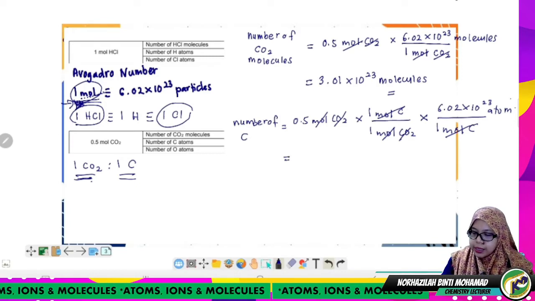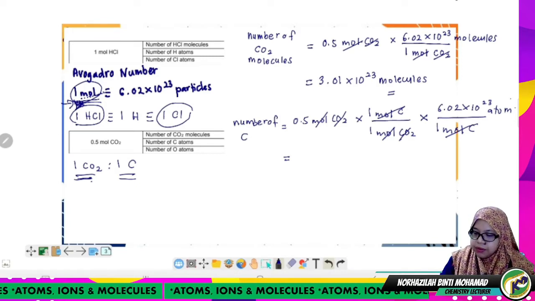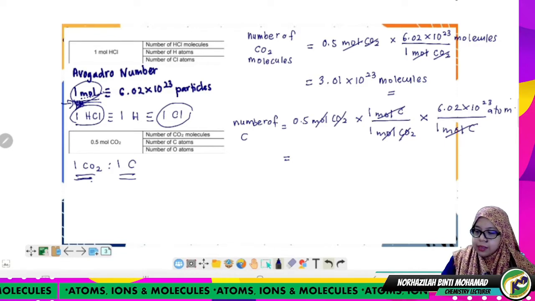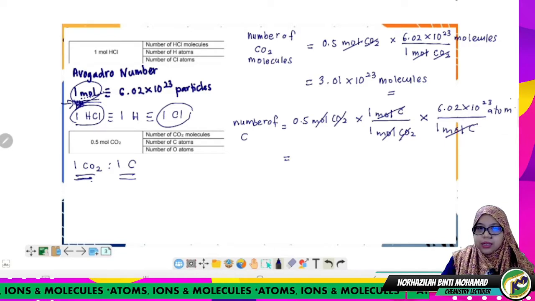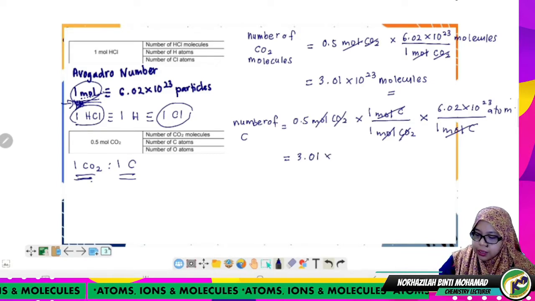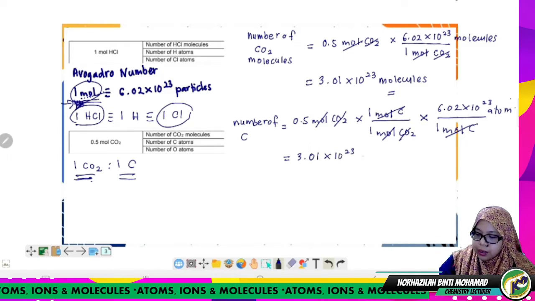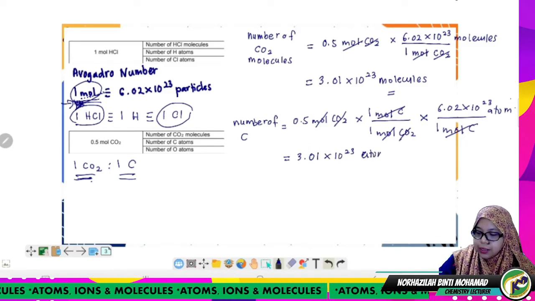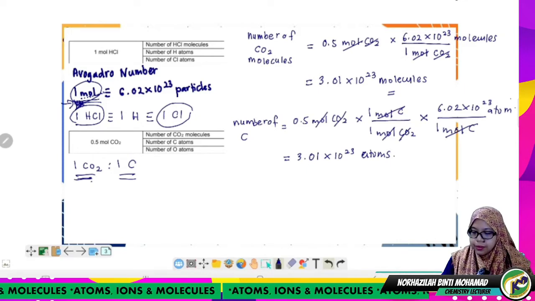What we get here is the same: 0.5 times 6.02 exponent 23. The answer is 3.01 exponent 23 atoms, because this is carbon. Okay, that is question 2.